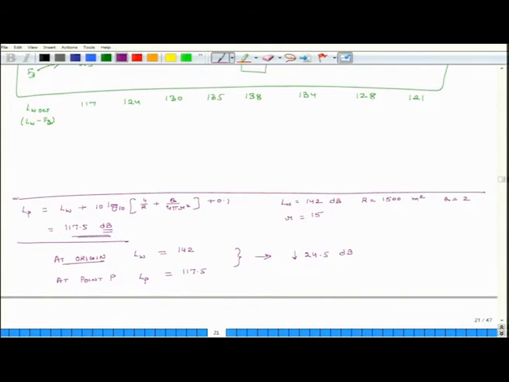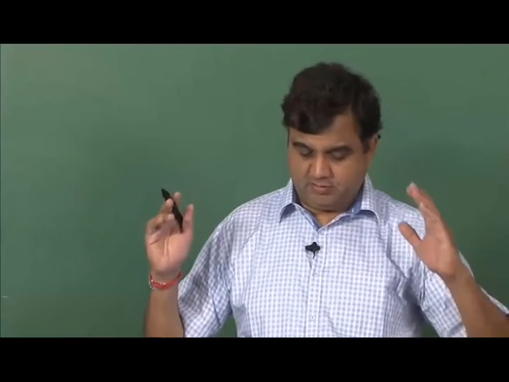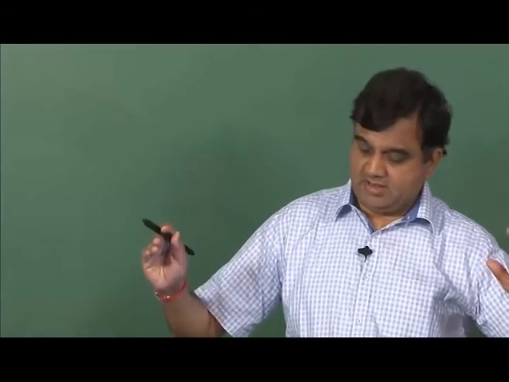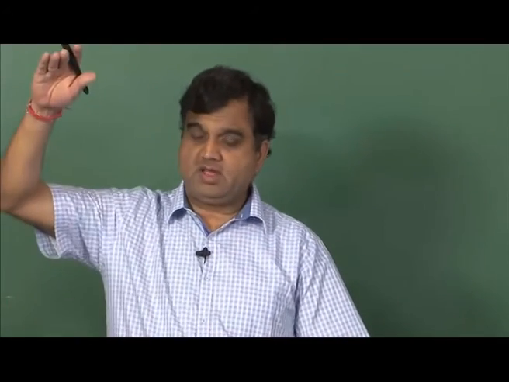The point I am trying to make is that if the sound power level is 142 decibels, the sound pressure level will be 117 decibels. So, if the sound power level goes up by x decibels, the sound pressure level will also go up by x decibels, because these differences are factors, right?